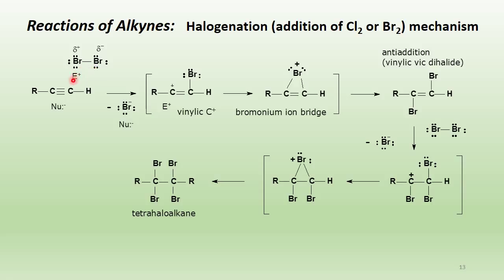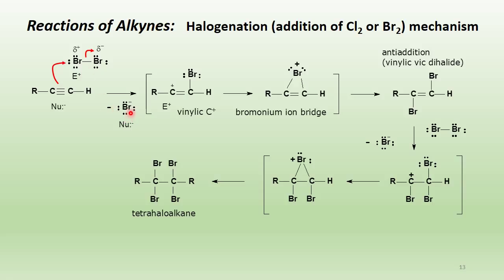So in proximity to the electron donor, they do polarize. Electrons flee away from the bromine closest to the electron pair, producing dipoles, producing an electrophilic bromine. As the pi bond breaks and bonds to one bromine, the other bromine leaves as bromide, a good leaving group.